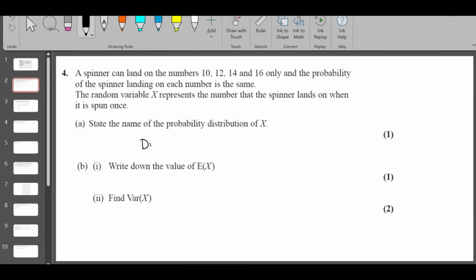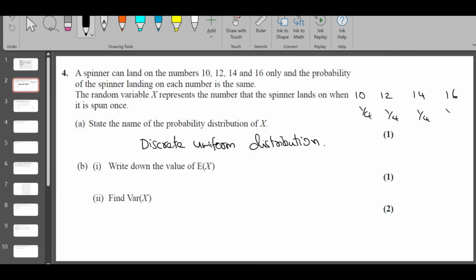It's a discrete uniform distribution. See, there are four numbers 10, 12, 14, 16. All the probabilities are going to be the same.